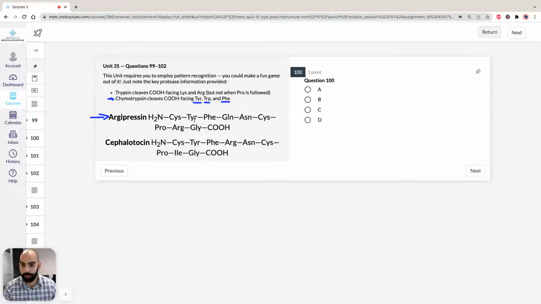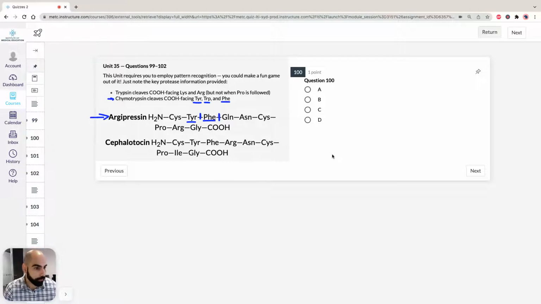So let's have a look. Is there a tyrosine? Yes. Is there a phenylalanine? Yes. Is there a tryptophan? No. So we're going to cleave the carboxylic acid facing bond between the amino acids. We're going to cleave here and here.